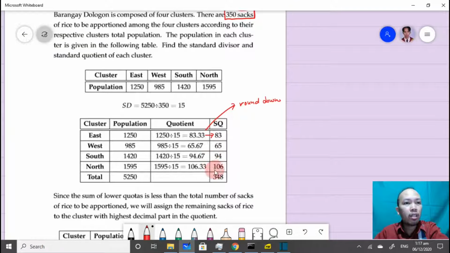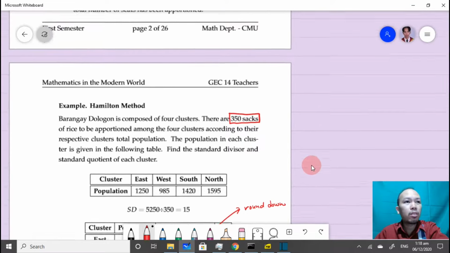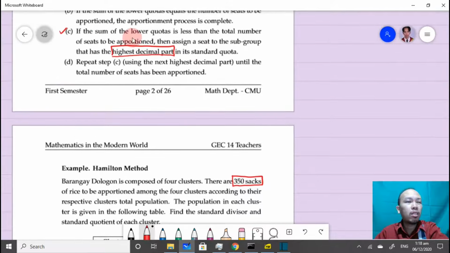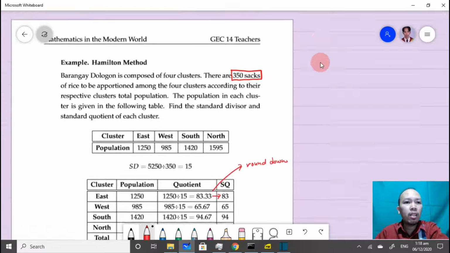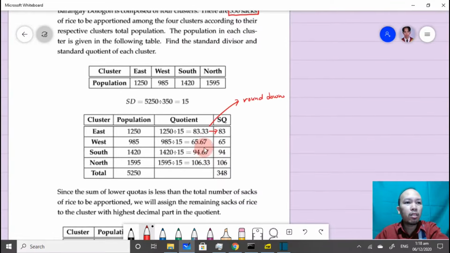Add the standard quota, and if the result is less than the number of seats to be apportioned, then what you will do is go to step 3: get the highest decimal part. The highest decimal part here is this one.